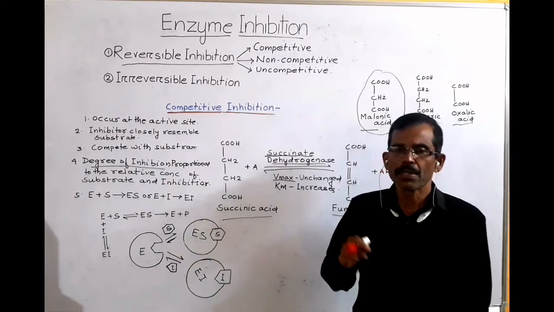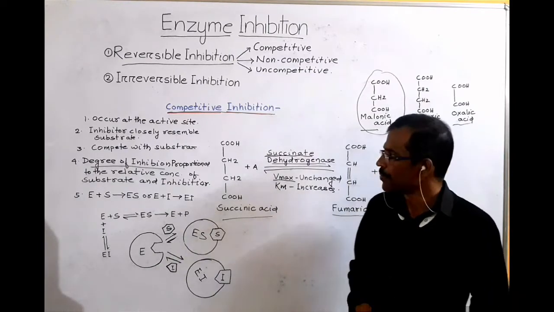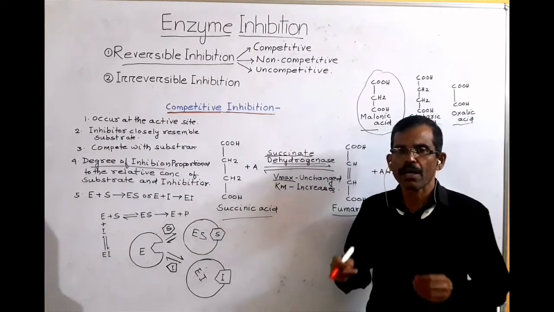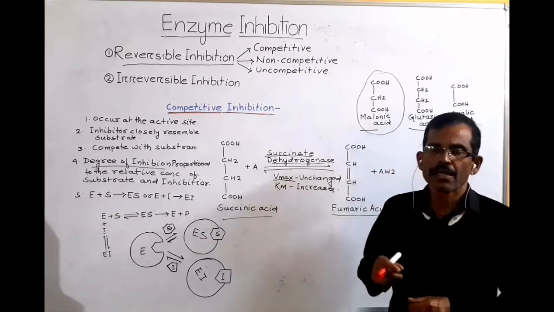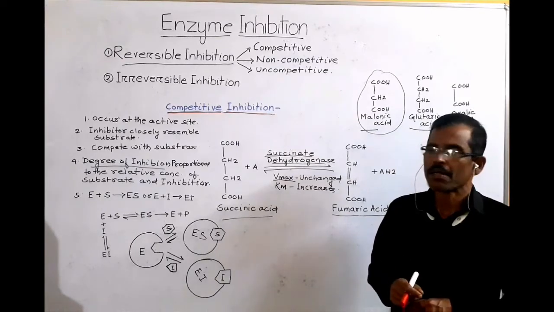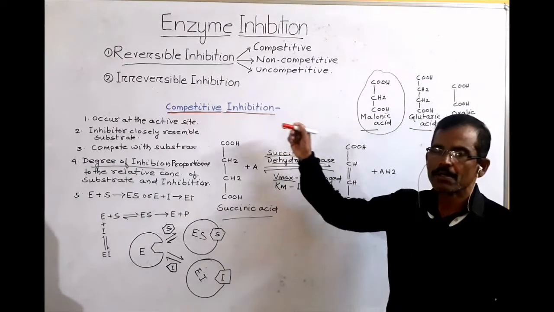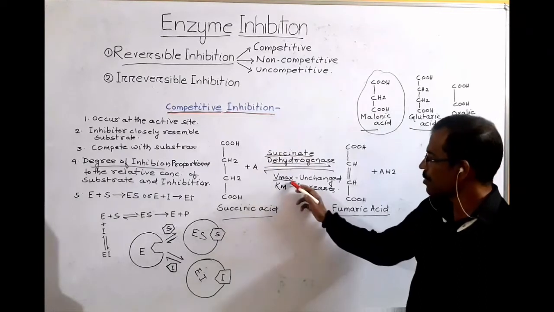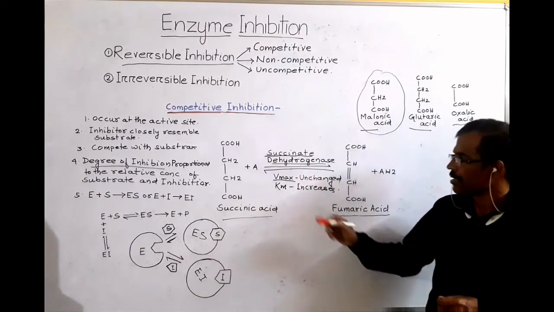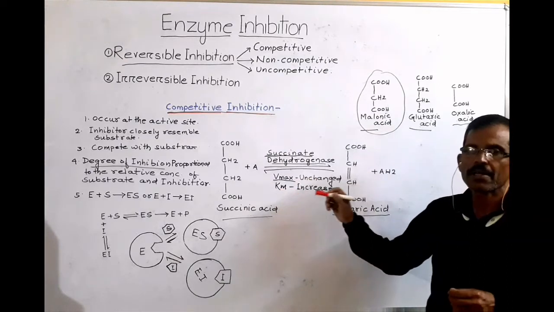This type of inhibition can be overcome by increasing the concentration of substrate while maintaining the concentration of inhibitor at a constant level. In case of competitive inhibition, the maximum reaction velocity remains unchanged, whereas the value of Km increases.